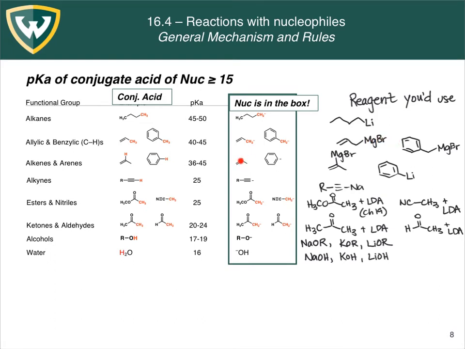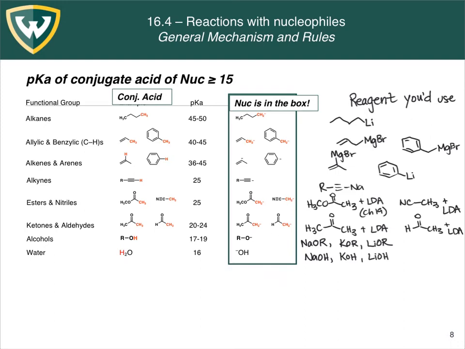For this vinylic anion, so now the minus is at the sp2 position, not the sp3 position, you would use the corresponding vinylic Grignard reagent. And then for the aromatic ring, you would use phenyllithium. That's commercially available. And then for alkynes, we typically use the sodium acetylide.